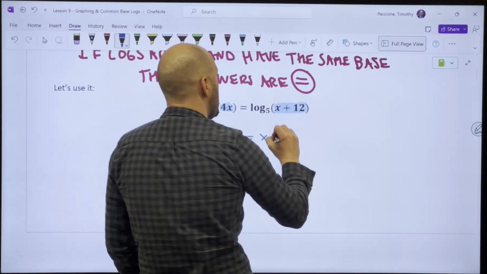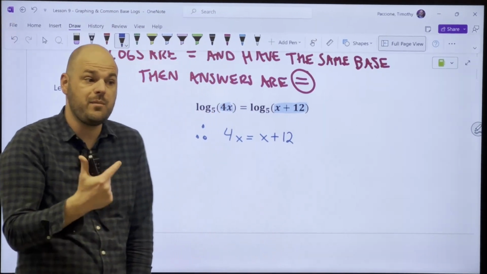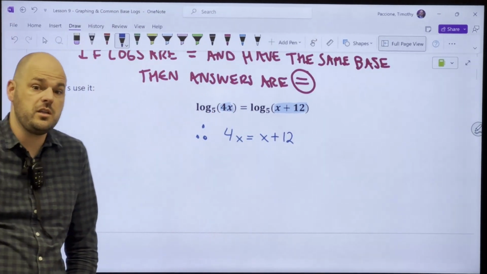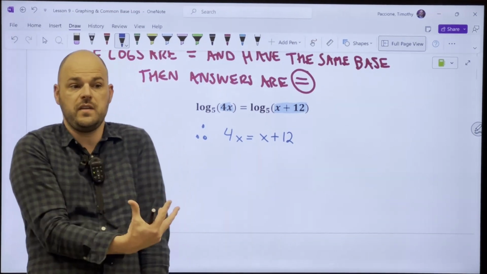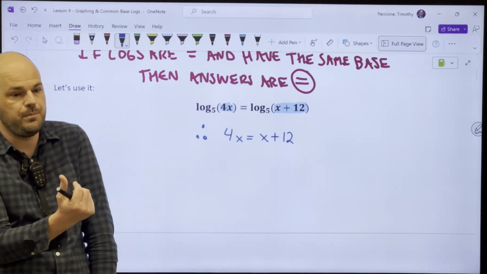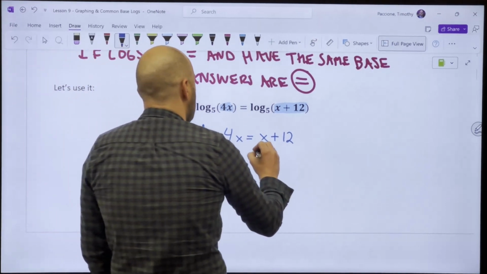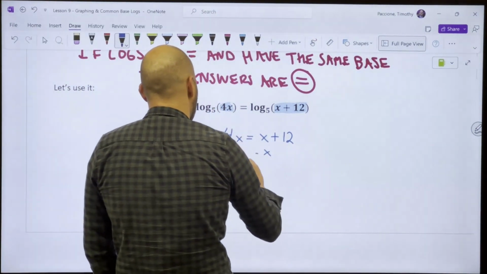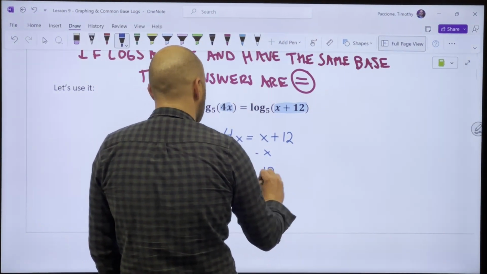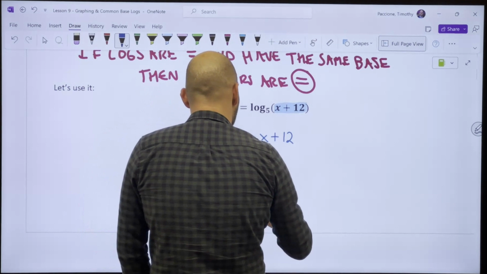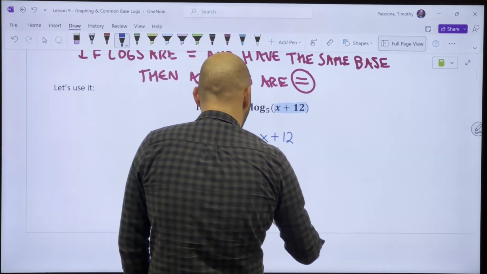This is called the common base log property. We already talked about the common base exponent property. Same concept, right? The only thing that can make this true is if they're the same. So we set them equal to each other, minus x on both sides. I get 3x equals 12, and then I divide by 3, and x equals 4.